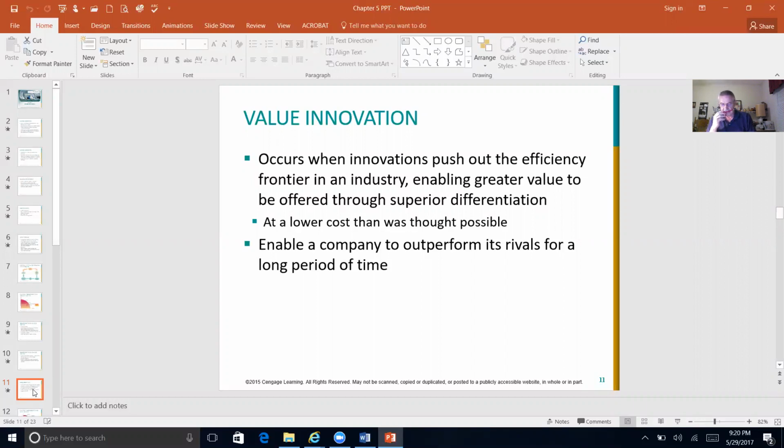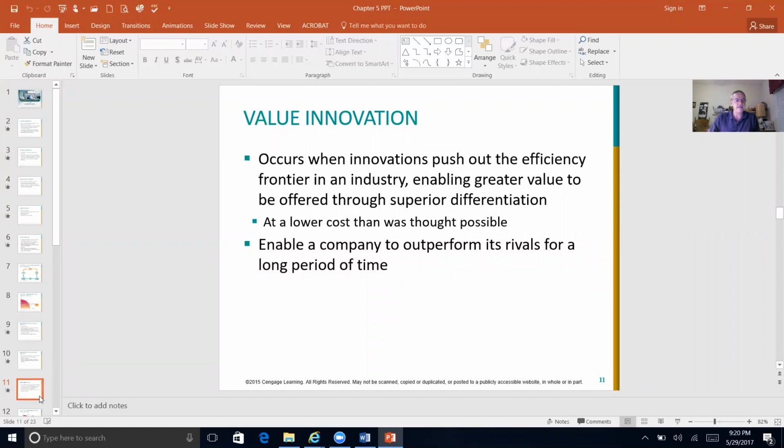When a company is able to do this, they may be the pioneer in a new process innovation that leads to this value innovation, and as it effectively reorganizes and changes their company, that may lead to changes in the industry, and hopefully those changes will allow that company to outperform its rivals.